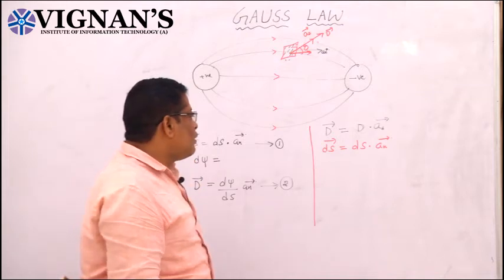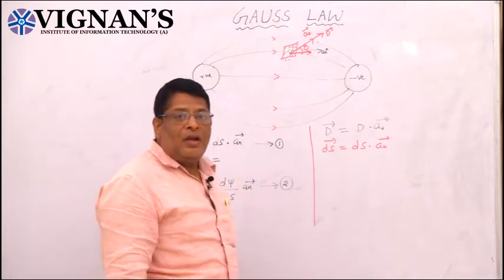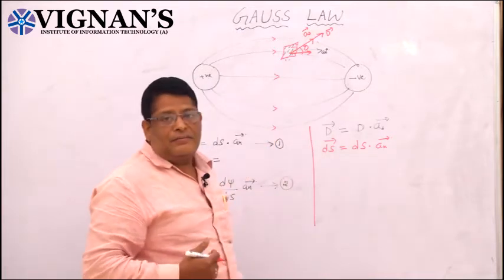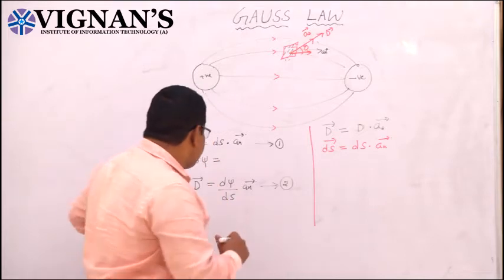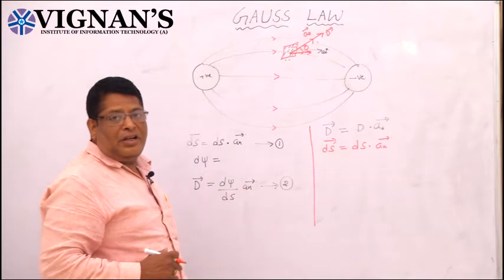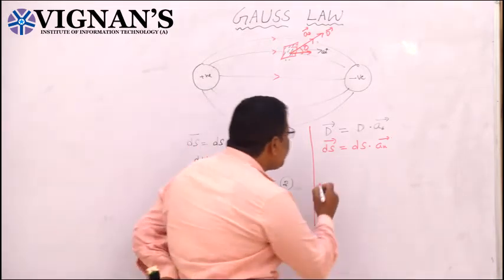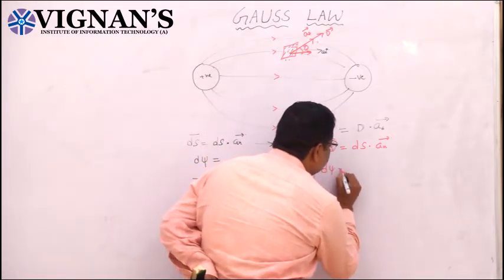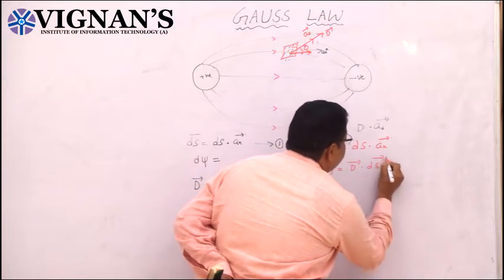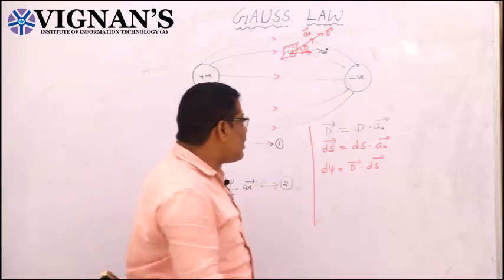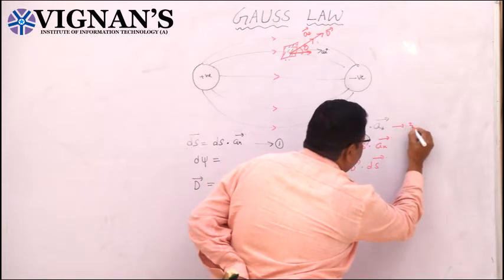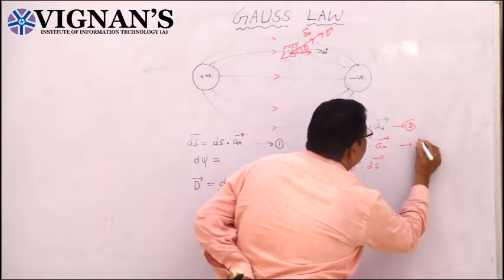Now we are going to find out how much flux is coming out. The expression is d psi equals D bar dot dS bar. So what is D bar here? D bar equals D into a D bar, that is equation 3, and dS bar is equation 4.